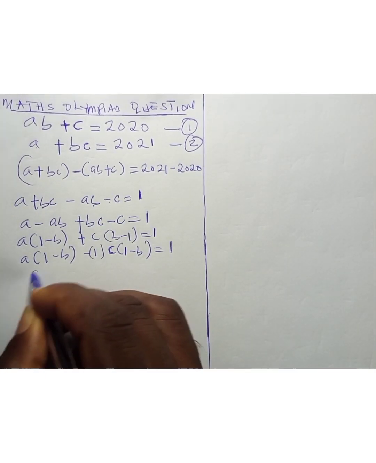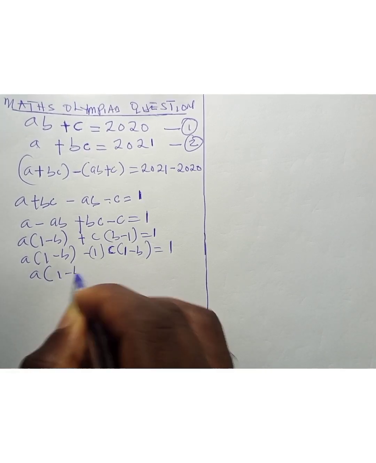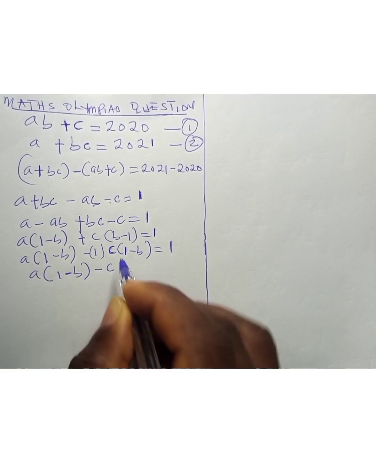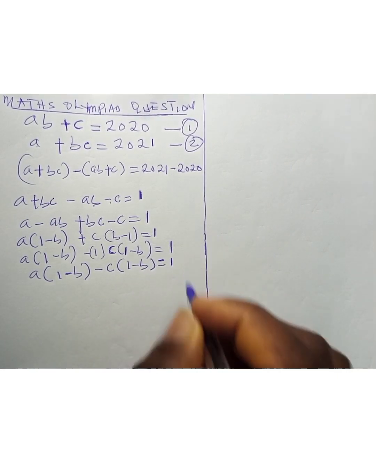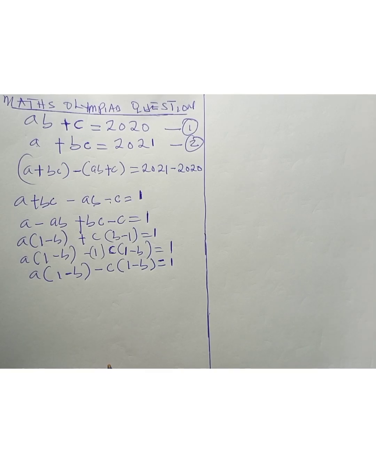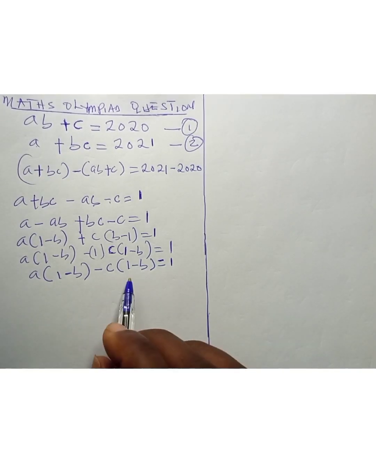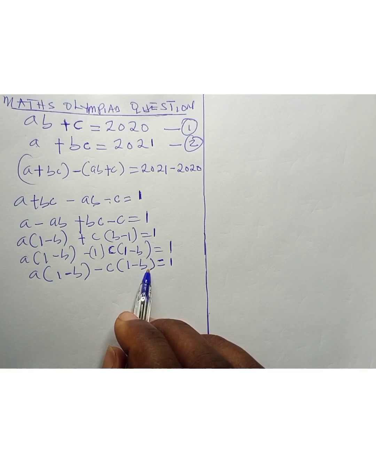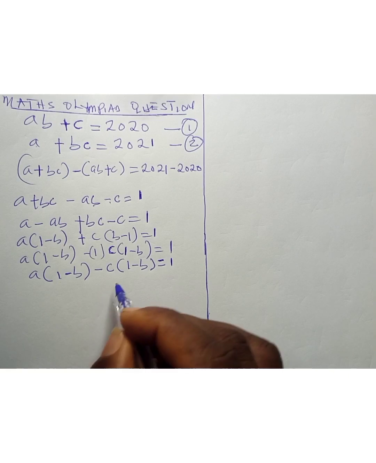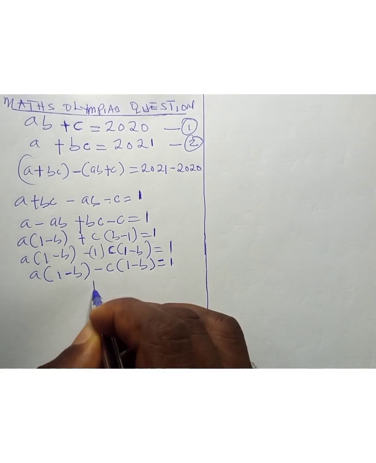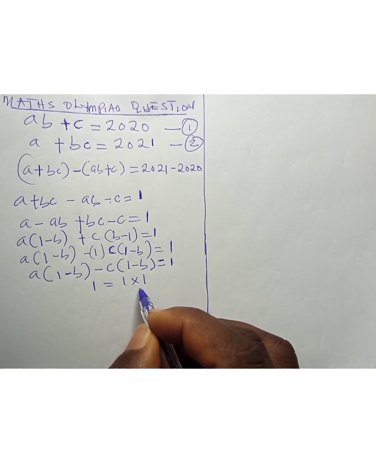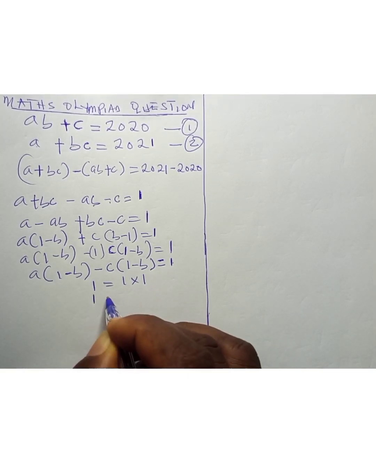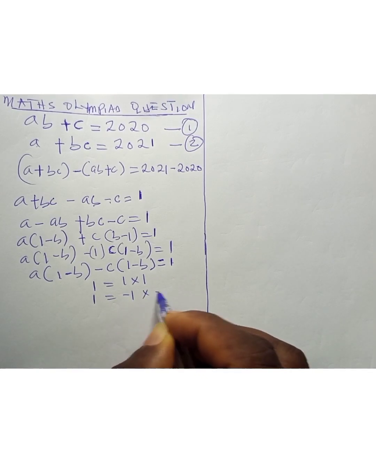Since 1 minus B and 1 minus B are the same, we can factor out. So A minus C times (1 minus B) equals 1. The value 1 can be written as 1 times 1, and at the same time, 1 can be written as minus 1 times minus 1.